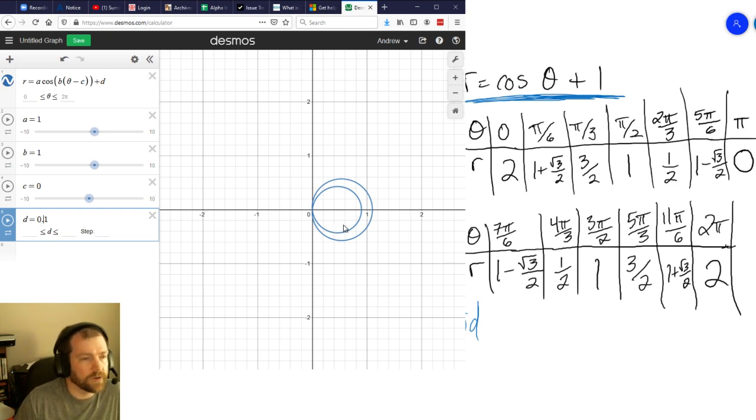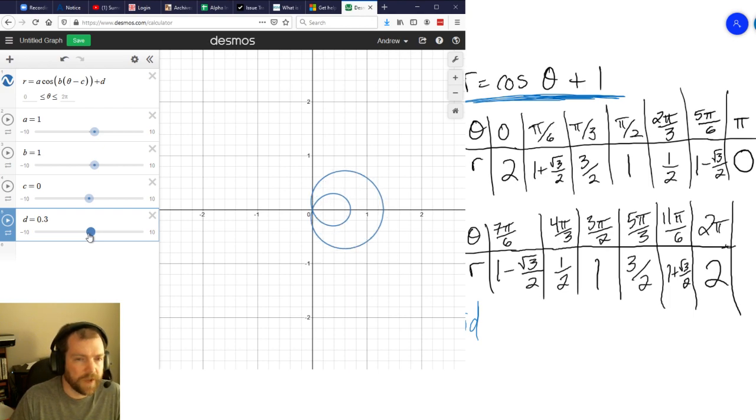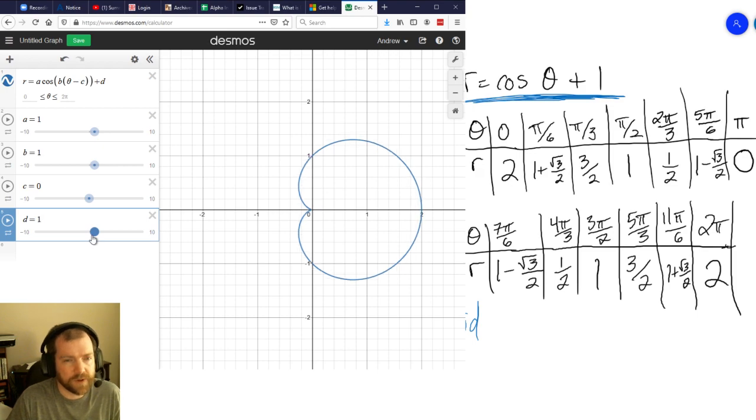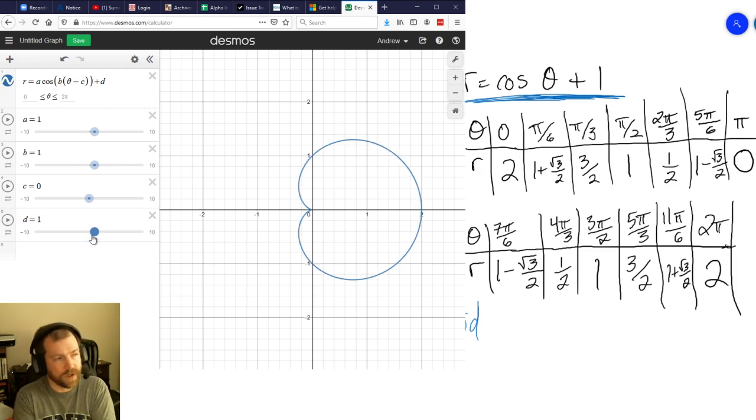Our two circles are no longer overlapping each other, but one of them is slightly larger than the other. As we continue to increase this value, as we get close to 1, we start getting a little bit less of a loop in there until it disappears entirely at d equals 1. We get the sharp-edged cusp for the cardioid right here.